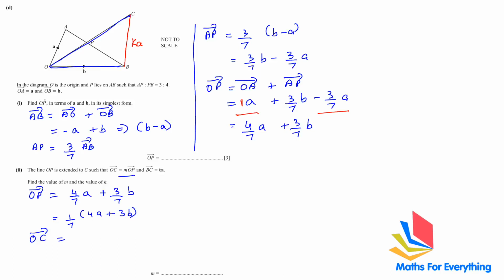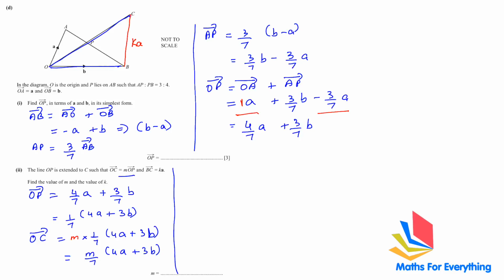So if you write here m, and OP is 1/7 (4a plus 3b), m multiplied by 1/7 will give you m/7 (4a plus 3b). So that is your OC.